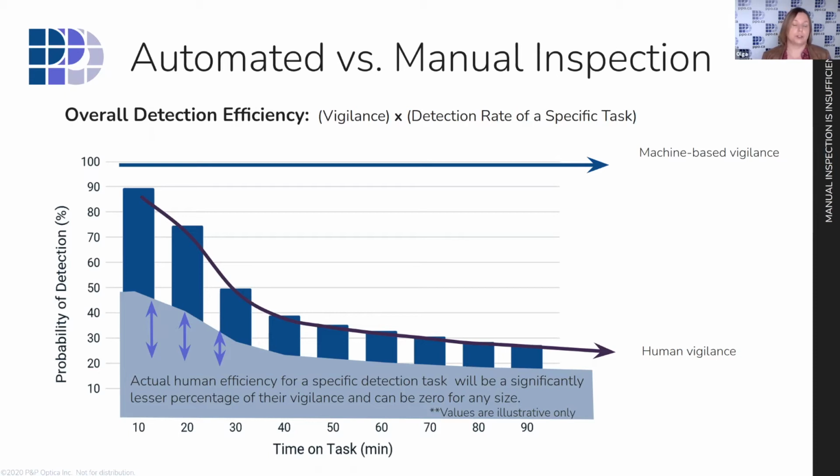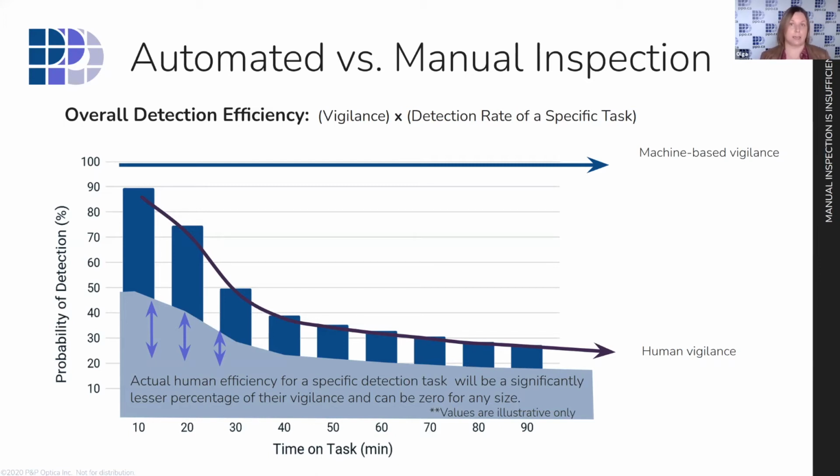So in literature about human inspection, we see that vigilance of operators drops over time, and it can reach as low as 30–40% in a span as short as 40 minutes of inspection task. This is even further compounded by other human factors, so environment, how well they've been trained, how well they like performing the task, and even things like lighting and temperature in the facility.